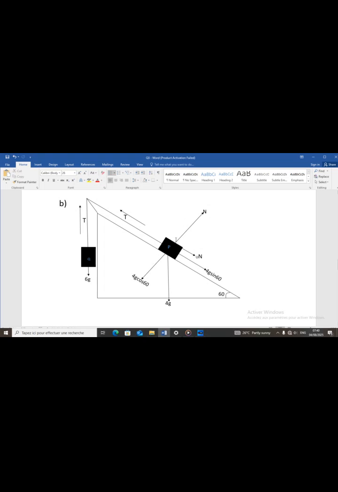The force acting on this side is n, the normal reaction force, and the force acting here is the resultant of this weight perpendicular to this plane. So that's why n should be equal to 4g cos 60. Or otherwise, you could take n minus 4g cos 60 equals 0. Yes, Newton's third law still.